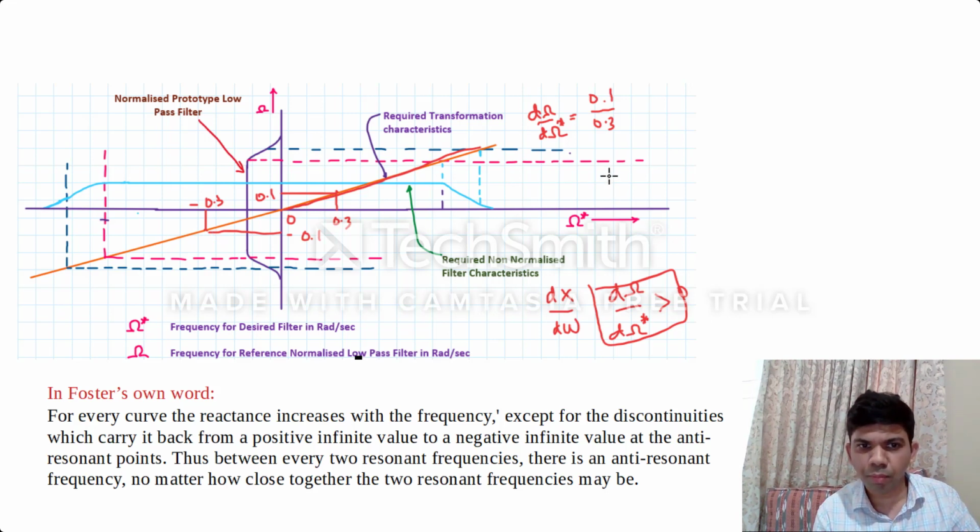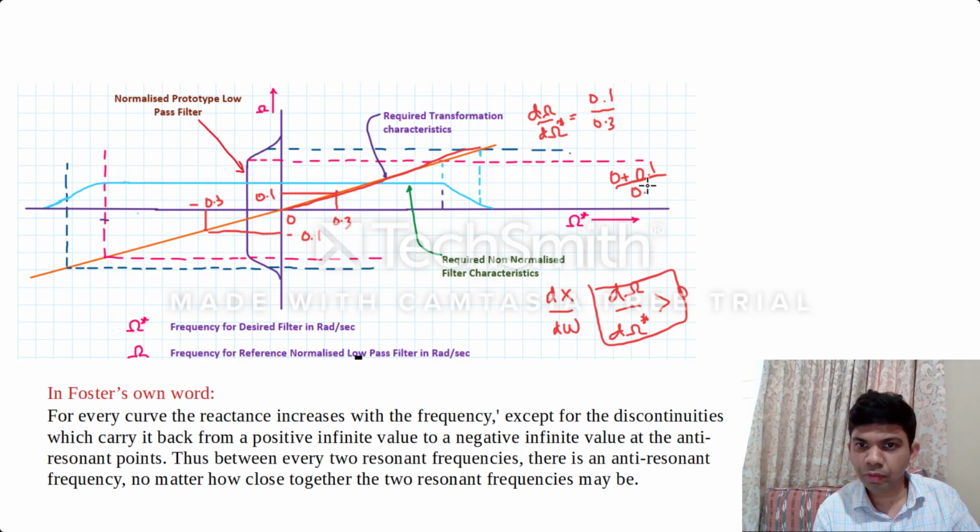So the rate of change of omega can be given as 0 minus minus 0.1, so it is 0 plus 0.1, divided by frequency 0 minus minus 0.3. So it is positive 0.3.